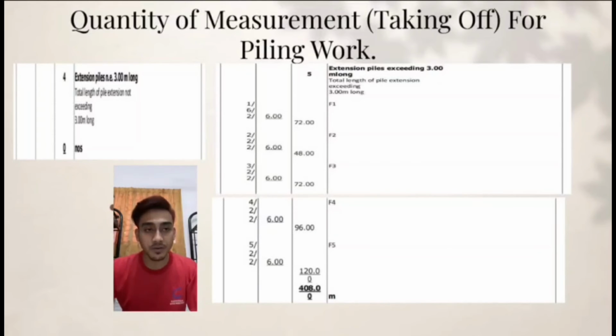Then number 5 is extension piles exceeding 3 meter long. After we calculate, we get 408.0 meter for the total length of pile extension exceeding 3 meter long.